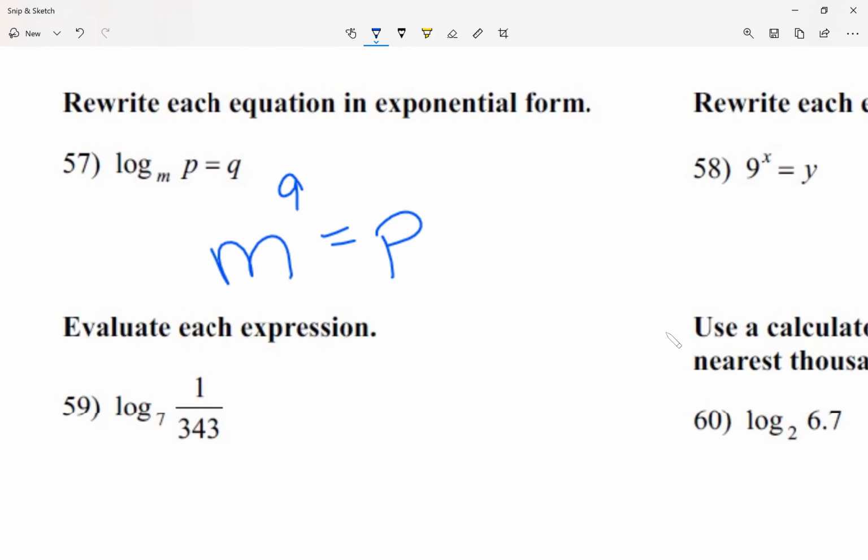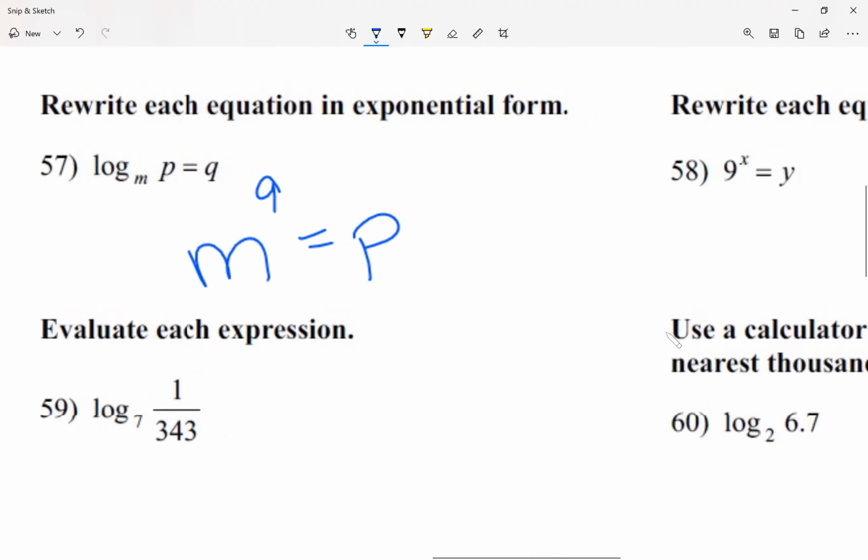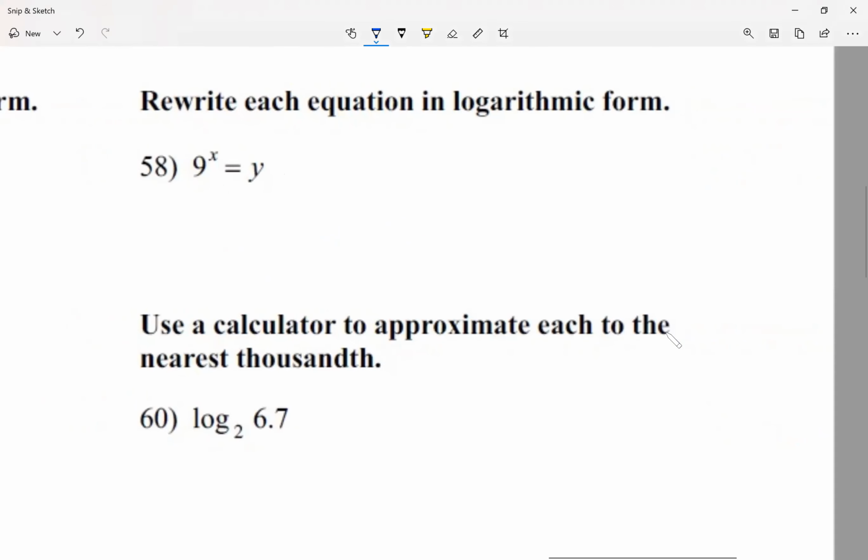And then we said if we know how to write from logarithm to exponential form, then we should be able to do it backwards. So for 58, rewrite the equation in logarithm form. We have it in exponential, so we're going to write it in logarithm.